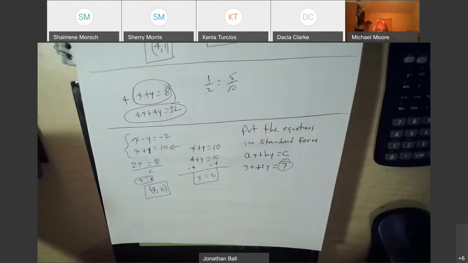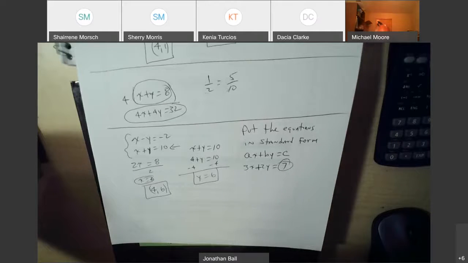Let me see if I can find a decent example here. 3y, 2y, no, that one's stupid. Boy, oh boy, these books are horrible. Man, oh man, oh man. Okay, here we go.